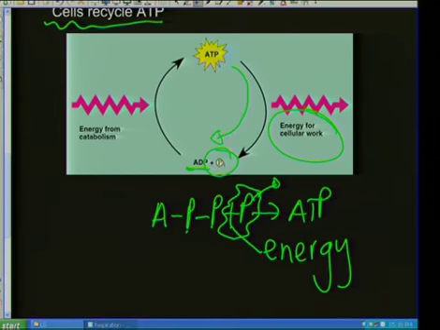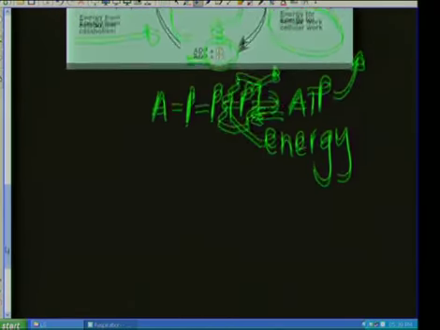It will form ADP. ADP plus P to give you ATP. Energy from catabolism. If energy comes in somewhere, ADP plus P will give you ATP, and so we can make that arrow there. ADP plus P gives you ATP. ATP, if the P goes away, becomes ADP. This is how ATP is recycled.